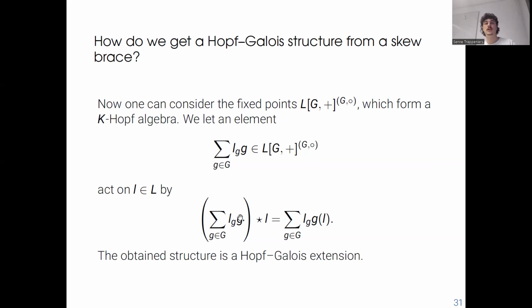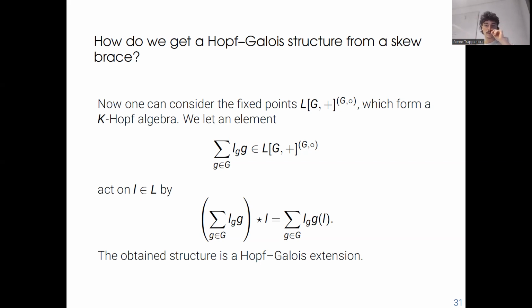So we make it L-linear, and we let an element G, recall G is contained in the Galois group, it's living in the Galois group of L over K, act by applying it to this element. And what we get is a Hopf-Galois extension.